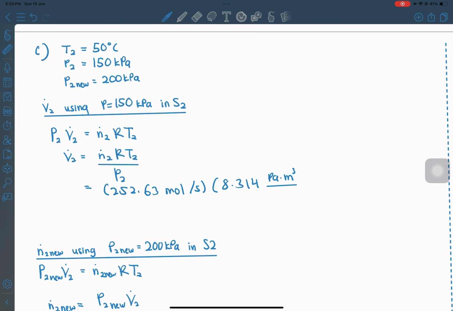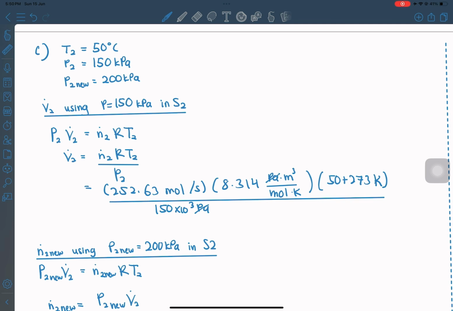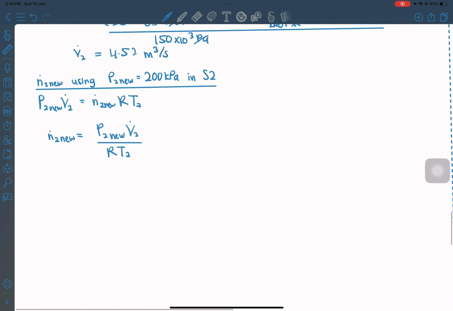So we rearrange the formula to get V2. The answer for V dot 2 is 4.52 m cube per second. Next, we need to find N dot 2 new using P2 new, which is 200 kPa in stream 2.